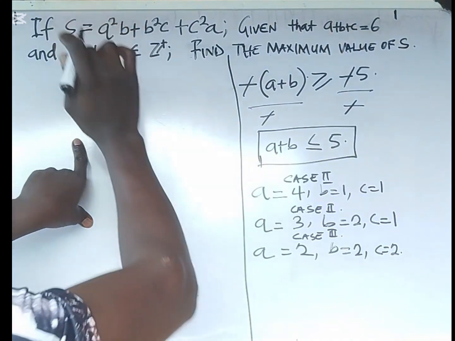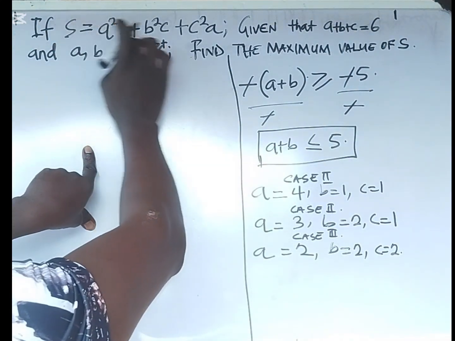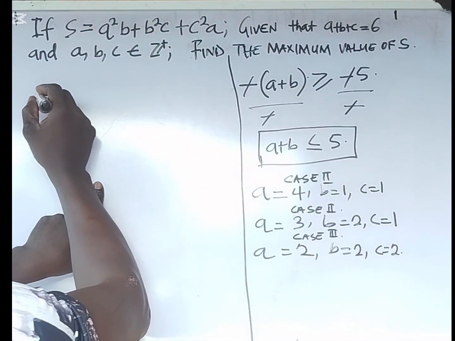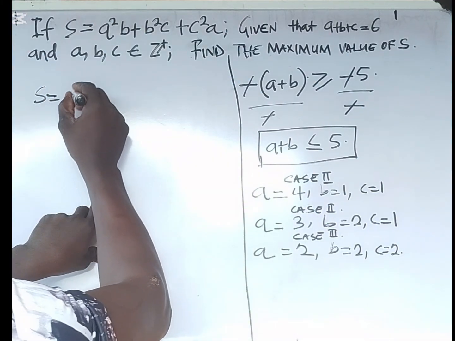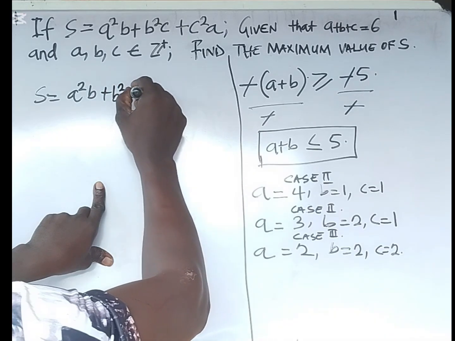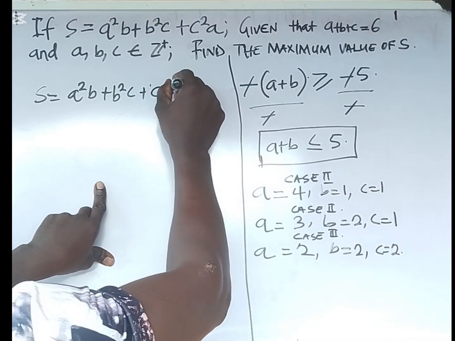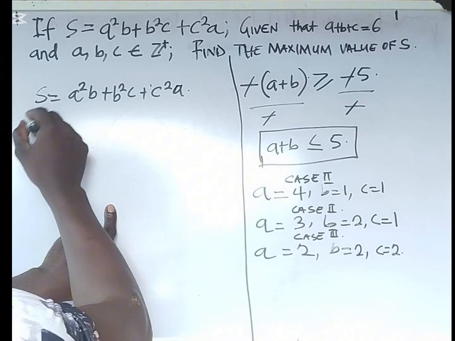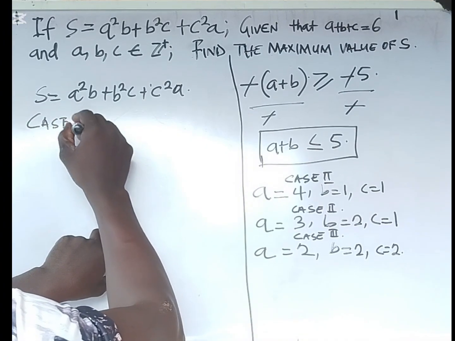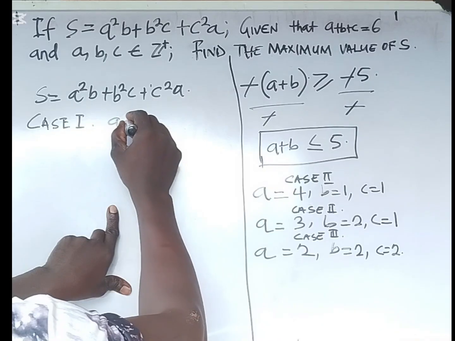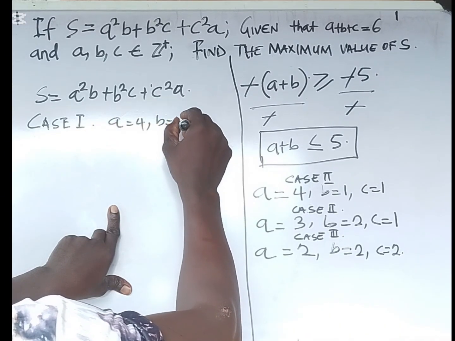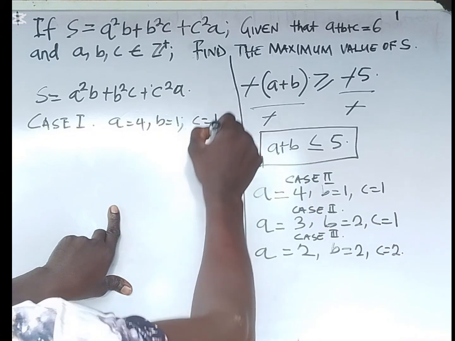Let's bring out the equation that relates x and A, B, and C. X is equal to A squared B plus B squared C plus C squared A. So we consider case 1, where A is equal to 4, B is equal to 1, and C is equal to 1.